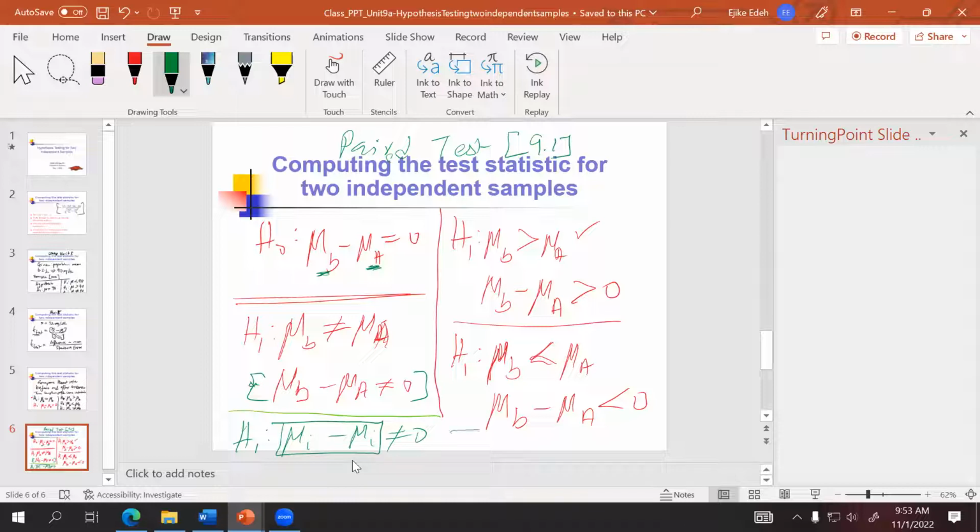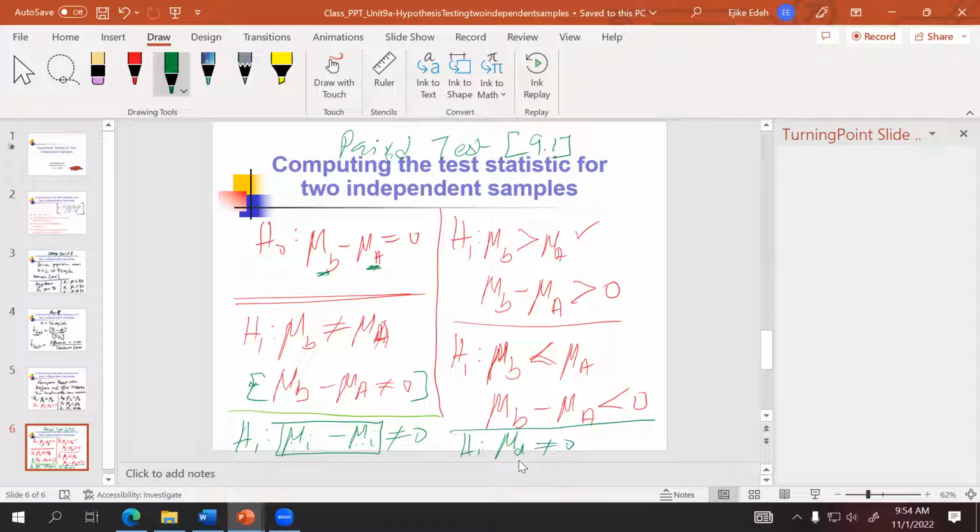So for that reason, I could have written H1 as simply the difference in the heart rate: the heart rate before minus the heart rate after. So I'm looking for the difference between them. So I could say mu d, representing the mean of the difference, is not equal to 0. Right?